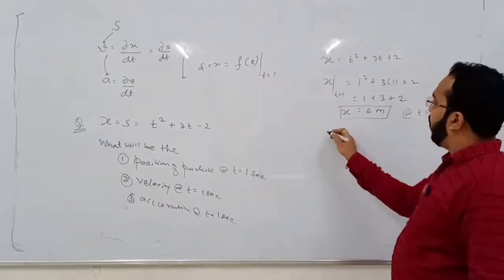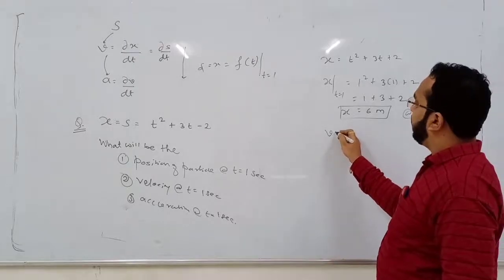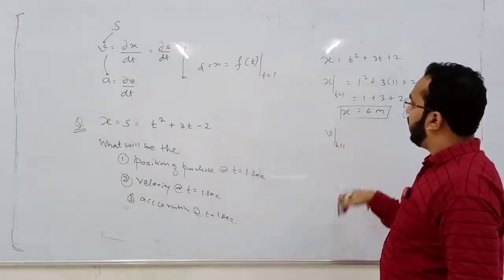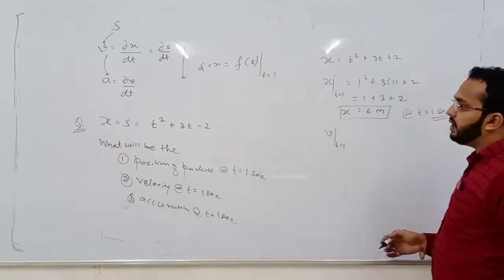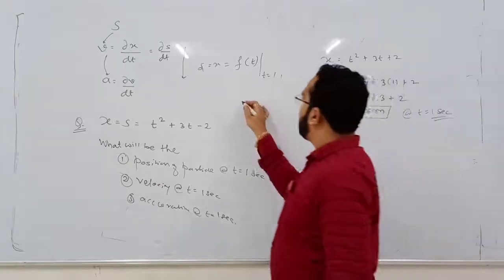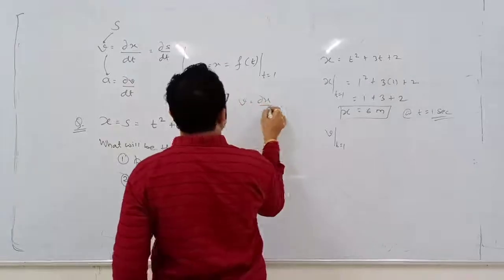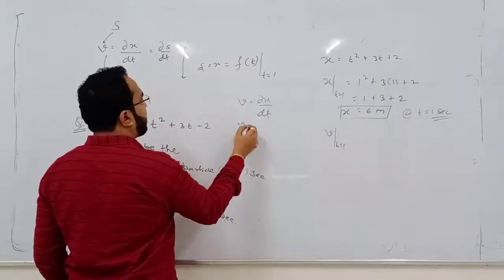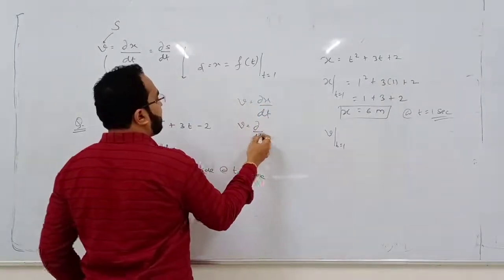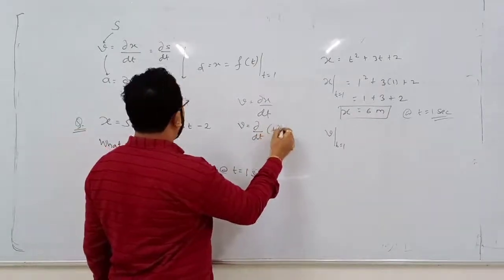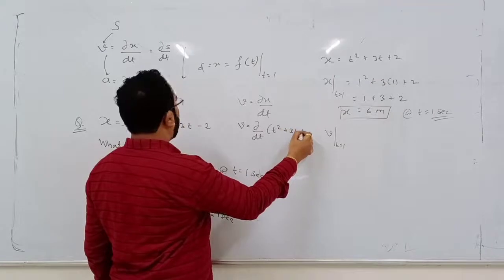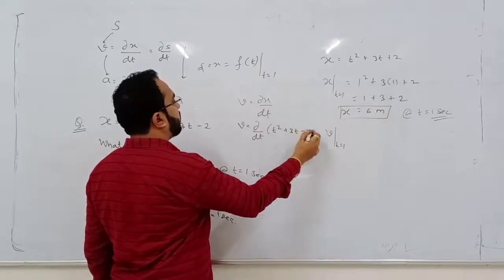Next, velocity at t is equal to 1. But first tell me, what will be the velocity? Velocity will be the differentiation of this, so velocity is dx by dt. That is d by dt of t square plus 3t plus 2.